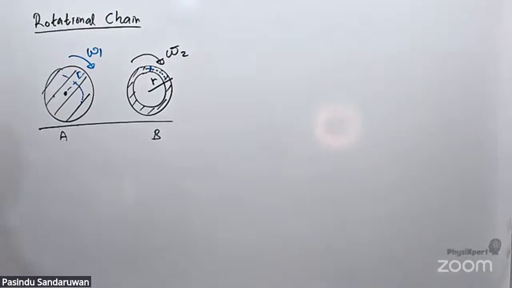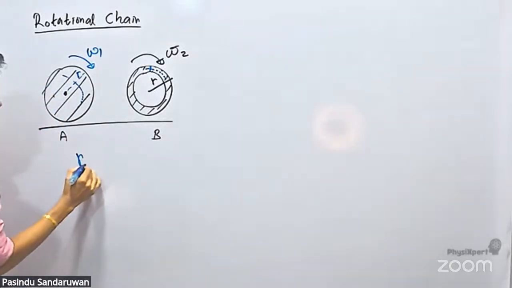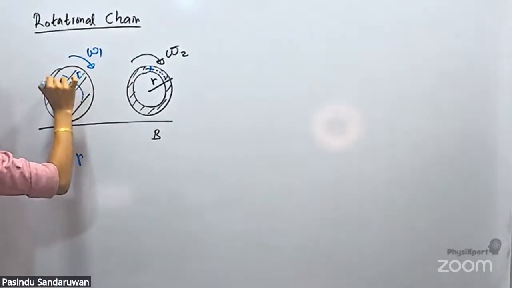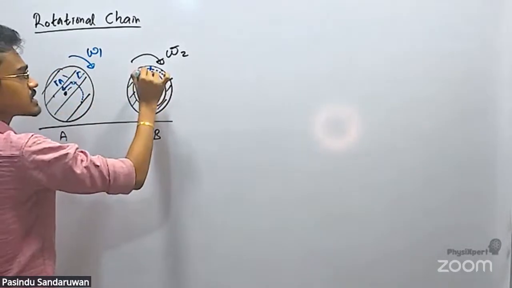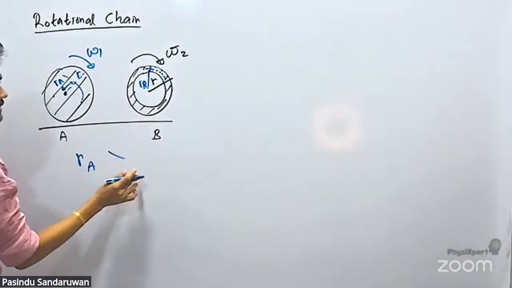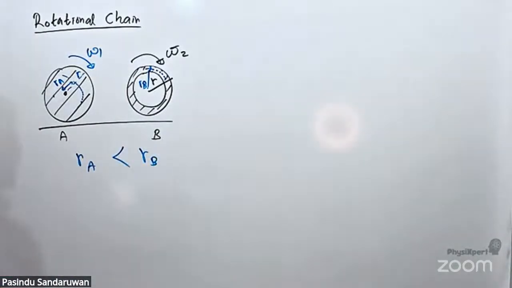Which means clearly we can see, say this is RA and this is RB, RA is less than RB.